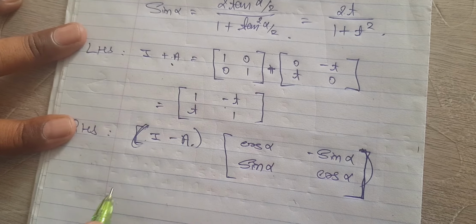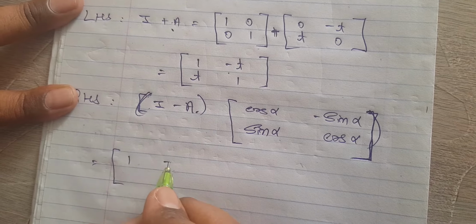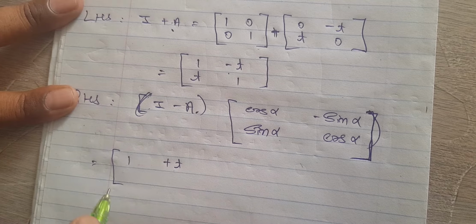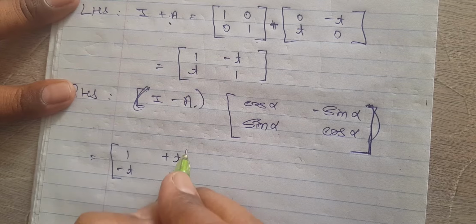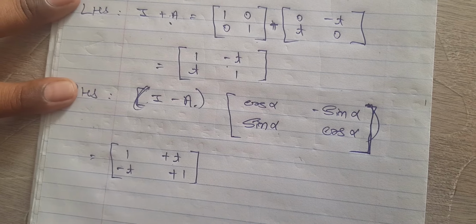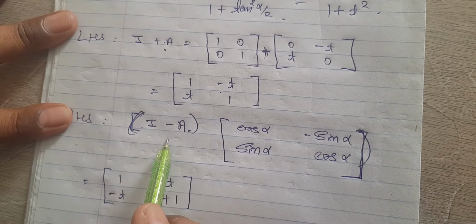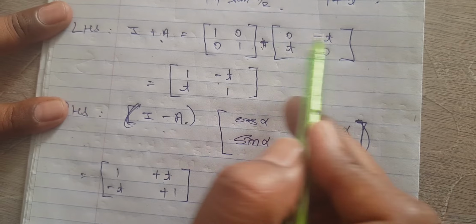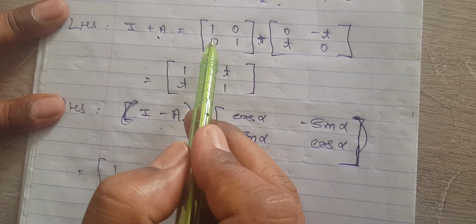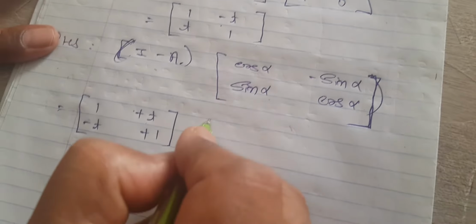So the matrix will be 1, t, minus t, 1. In place of plus, here you have a minus, so the signs flip: some become negative and some become positive.